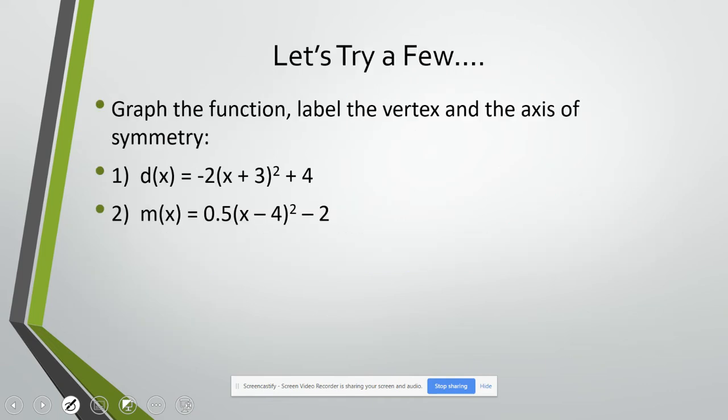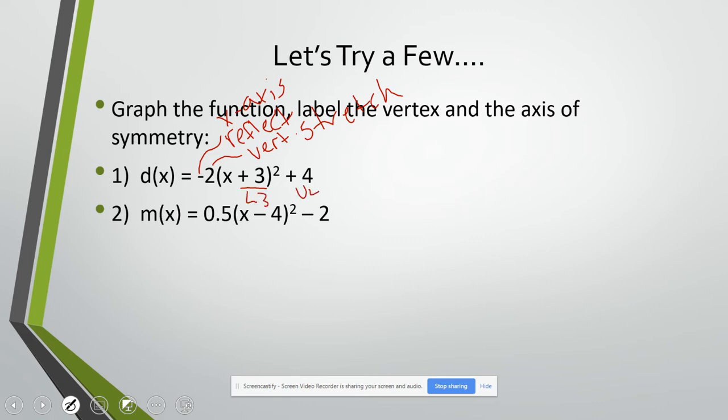Let's try a couple. Let's start with number 1 and discuss all of the transformations that are happening first. So this negative is an x-axis reflection. This 2 is a vertical stretch by 2. The plus 3 in the parentheses, really, because x's are liars, right, means left 3.